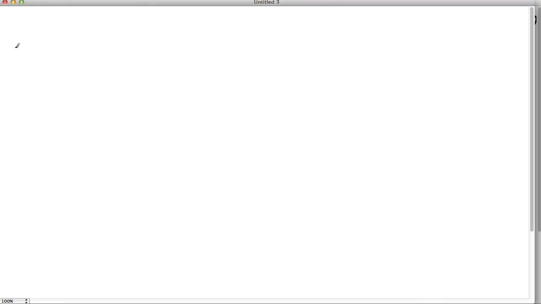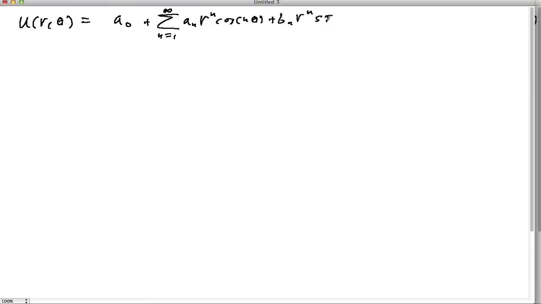Okay, recall our boundary conditions. So our U of r, theta is equal to, again, A0 plus the sum n equals 1 to infinity of An r to the n power cosine n theta plus Bn r to the n sine n theta. I'm going to put that all together like that.